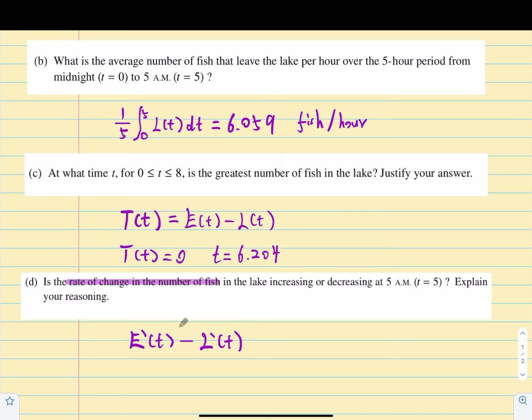This is our new function, the rate of change of the fish in the lake, increasing or decreasing at any time t. So this is at 5. We can write this as E'(5) minus L'(5). So we can use our calculator again.